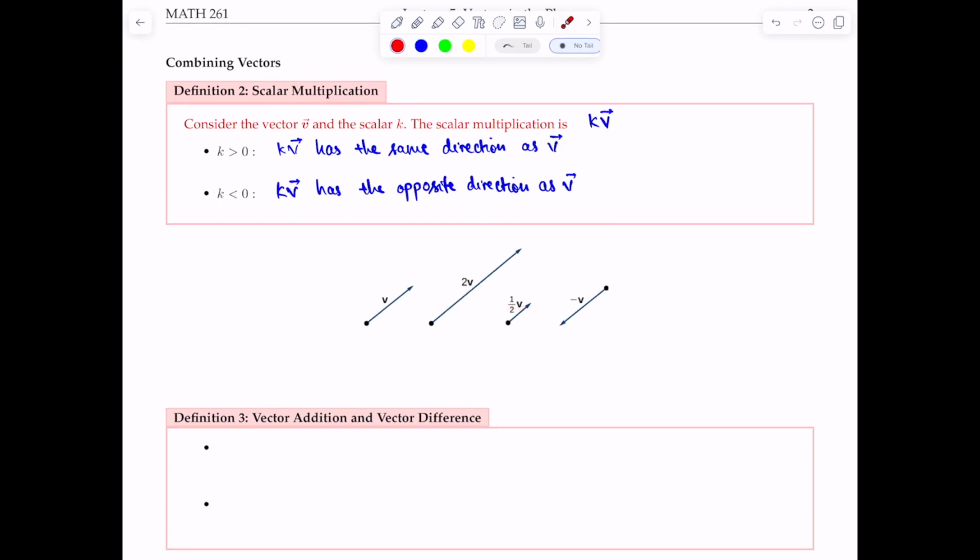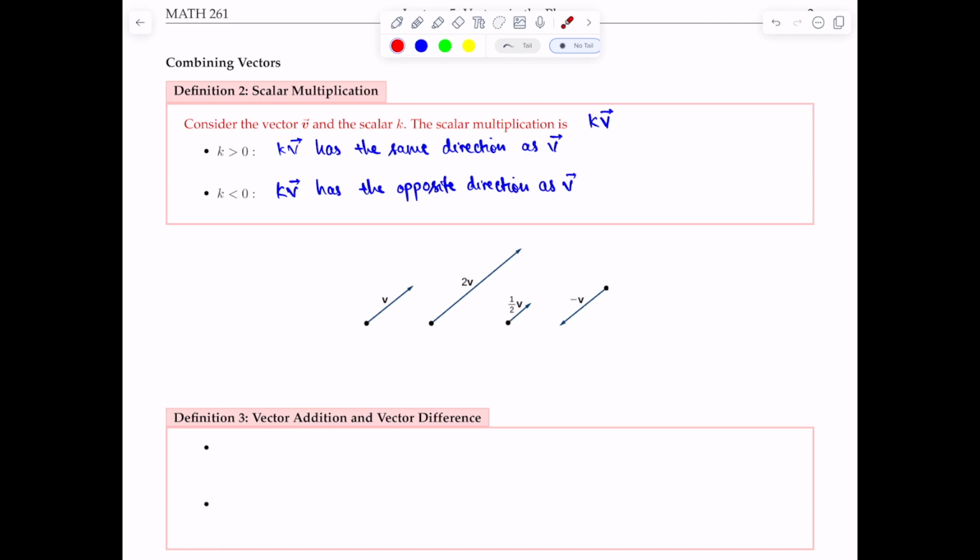So in this image, given the original vector v, when you have 2 times v, that means the new vector is twice as long as the original vector, but 2 is a positive number, so the new vector has the same direction as the original one. When you have 1/2 v, now the scalar is equal to positive 1/2.